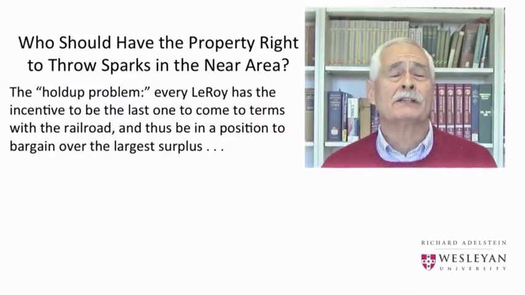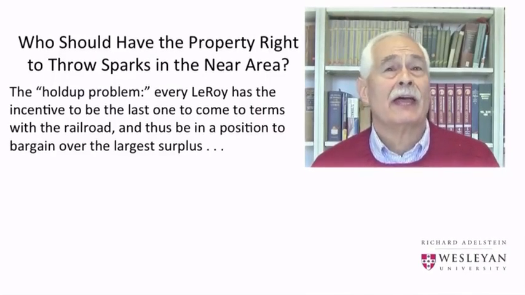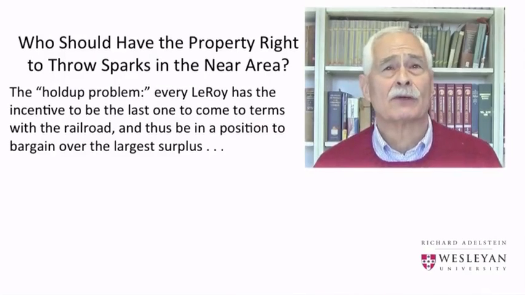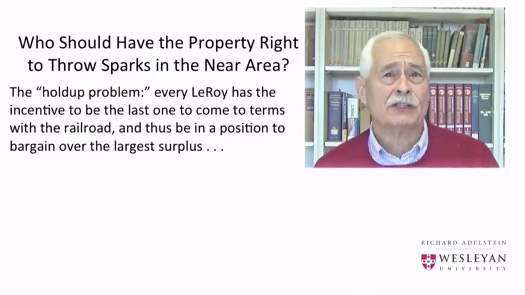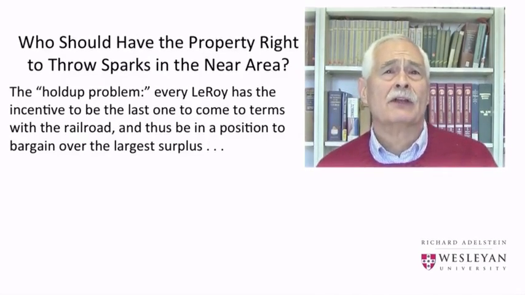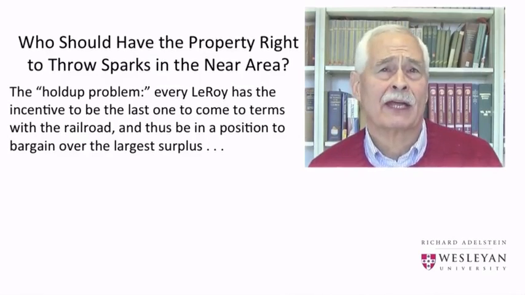Since the railroad needs to get the property rights from all 100 of the Leroys, those Leroys which have held out and which haven't sold their property rights to the railroad are now in a position to be able to bargain over that large surplus that the railroad has been throwing into the can.